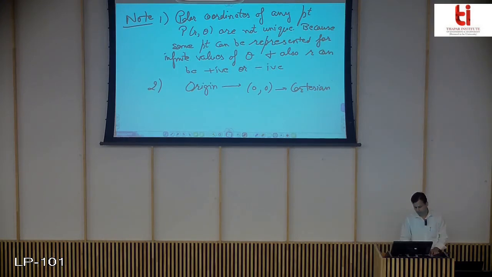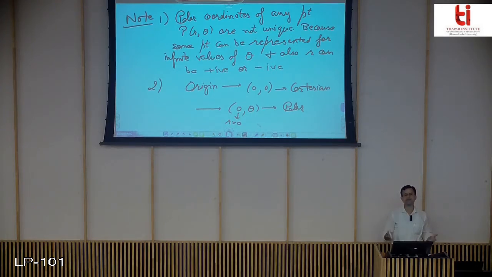Origin in polar coordinates is represented like this. You see, R is 0. R is 0 means it is at the origin. It is not moving away from the origin, because R, the distance from the origin, is 0. And theta, since I am at the origin, this is the initial 0 degree axis. If I am looking at 30 degrees, 60 degrees, 90 degrees, I am still at the origin.